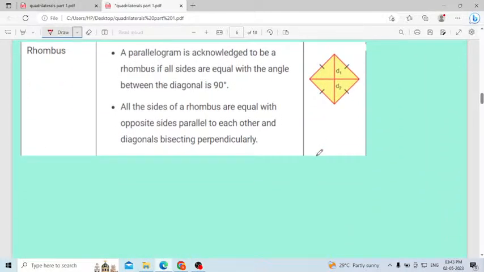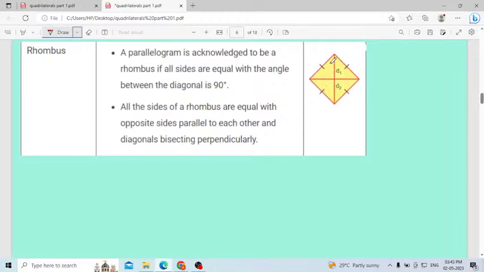Then coming to the rhombus, this also contains four sides. This is also one of the types of a parallelogram. A parallelogram is acknowledged to be a rhombus if all the sides are equal and the angle between the diagonals is 90 degrees. Here also the diagonals will bisect each other. All the four sides are equal.